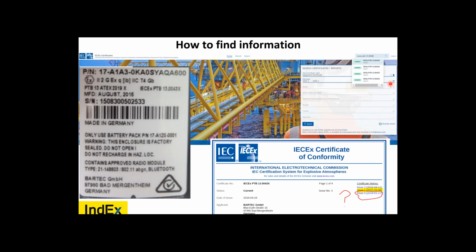Unfortunately, when somebody says IECEx is valid in Europe and the UK, what is valid? The certificate of the person or of the equipment? Of the equipment, it's not. It requires an ATEX certificate within EU countries.